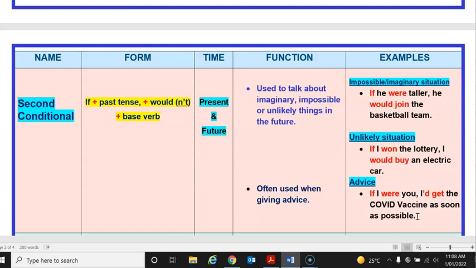So this is giving advice. So instead of saying you should do this, you can say if I were you, I would do something. Again, you can see that the be verb is were, if I were you. I'd is short for I would get the COVID vaccine. So that you can see how it is used to give advice.